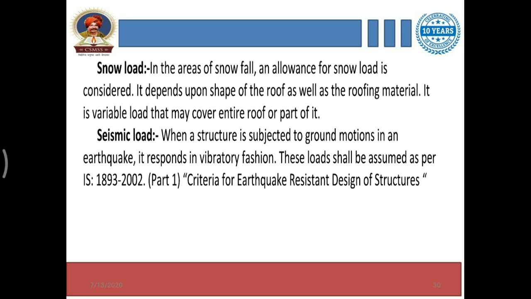It depends upon the shape of the roof as well as the roofing material. Obviously, it depends upon the shape of the roof, what type of roof construction is there, and what type of roofing material is used for the construction. These parameters are very important while designing the snow load calculations. It is a variable load that may cover the entire roof or part of it.